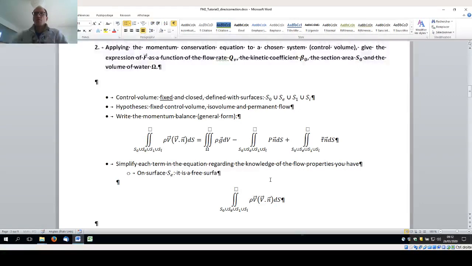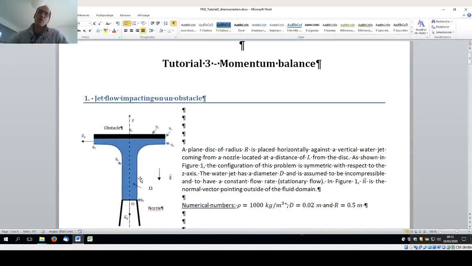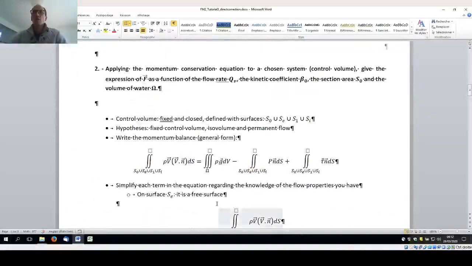By definition, especially in this configuration with a jet like this, the free surface can be considered a streamline of the flow, because the flow is delimited by it.